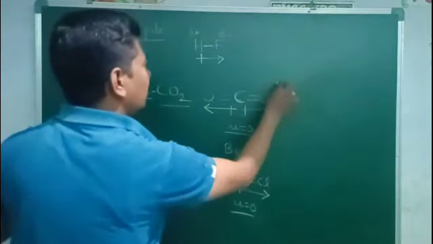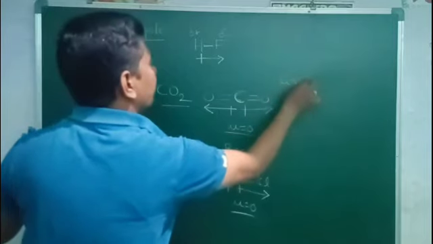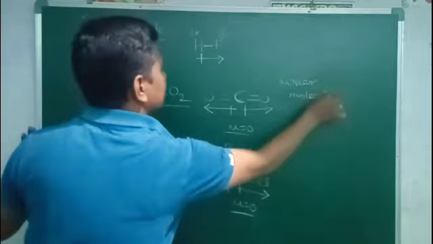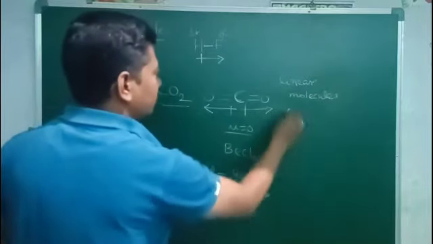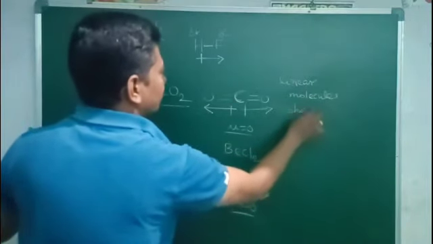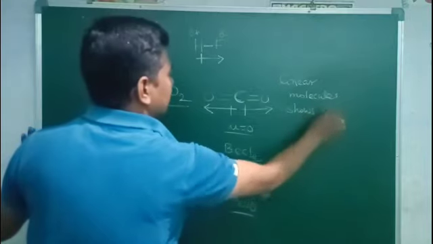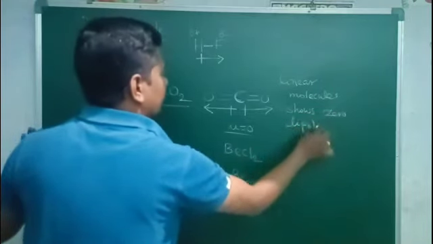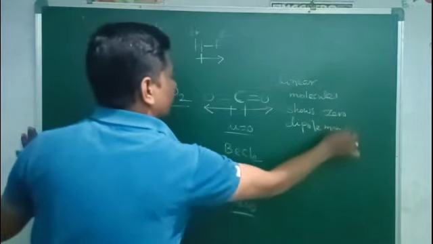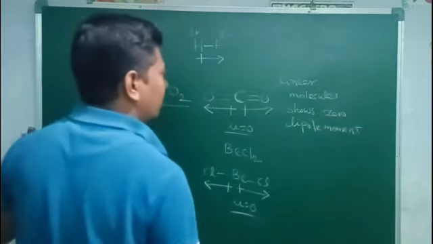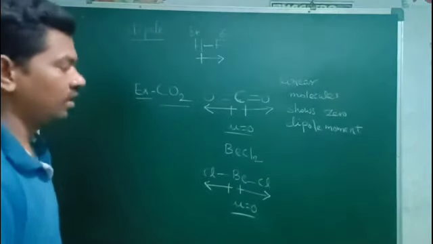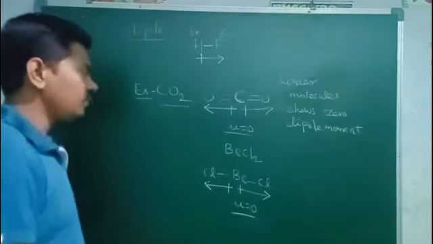So all linear molecules, such as carbon dioxide and BeCl2, show 0 dipole moment.